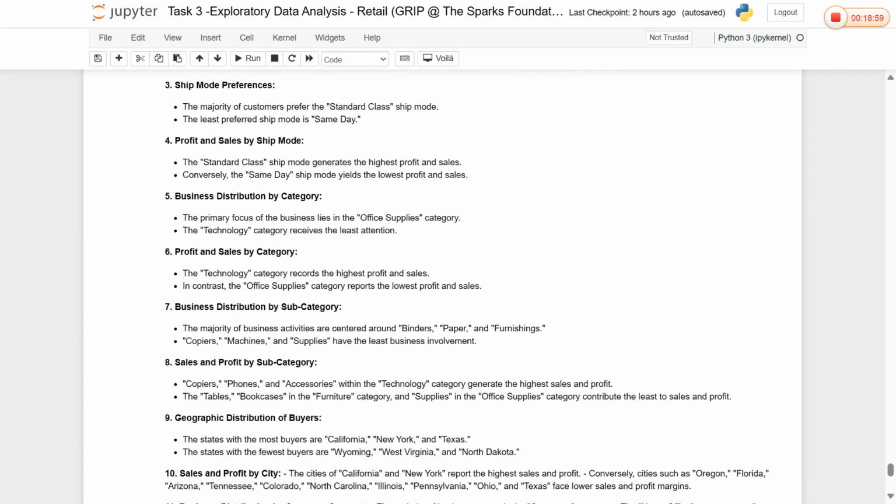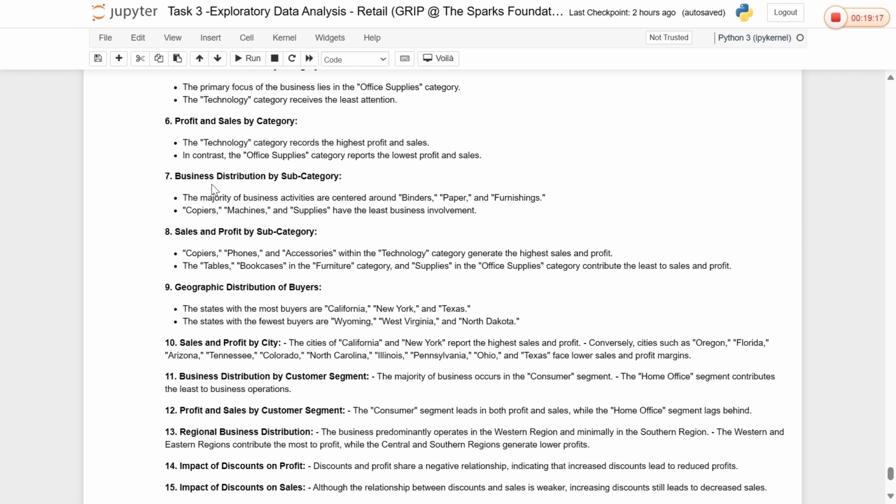Same for the business distribution. The primary focus for the business lies in the office supplies category. The technology category receives the least attention, but we see that the technology category gives us the most profit and more sales. The profit and sales by category: the technology category records the highest, as I said, and the lowest is office supplies.